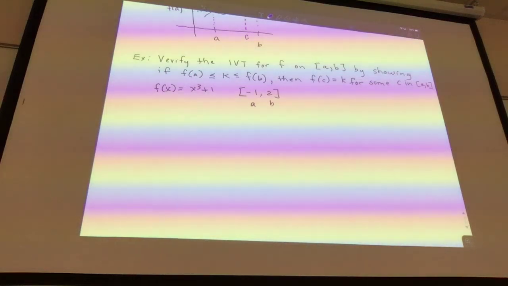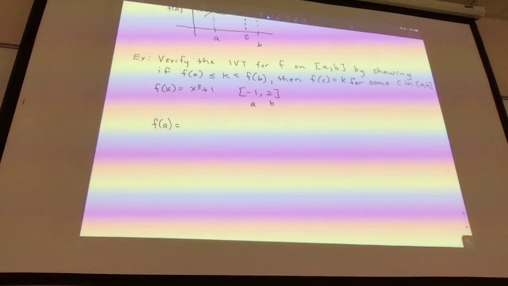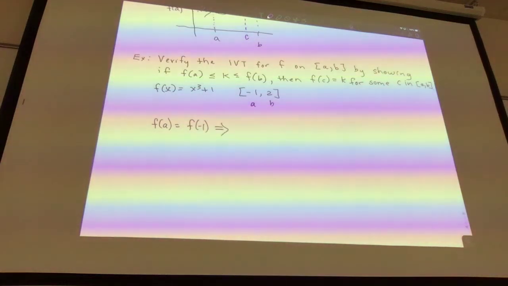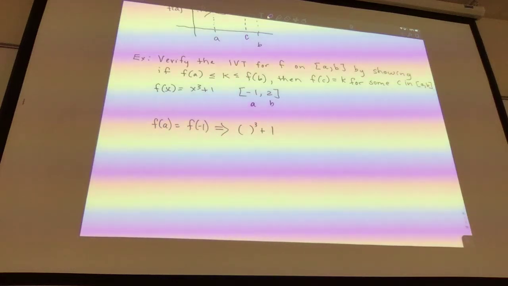The first thing we got to do is figure out, well, what is f of a? a is -1, so it's saying evaluate f of -1. So we want to go to the function f, x cubed plus 1, and plug in -1.